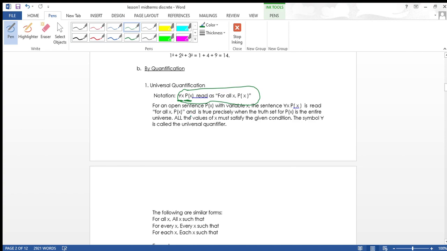Okay, so did you get that? So for an open sentence p of x with variable x, the sentence for all x, p of x, is true precisely when the truth set for p of x is the entire universe, meaning every element in your universe of discourse will satisfy the function given. Okay?